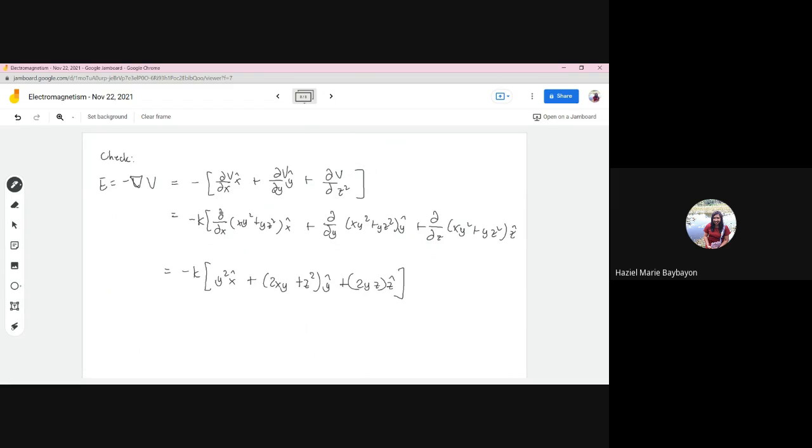So when we factor out k, it should be negative k that we factor out. Negative of negative k. So the negative sign comes from the equation, and the potential is also negative, so we factor out the negative sign along with k. So you have negative of negative k multiplied by this. So this should be positive. Sorry. Okay? So this is correct.